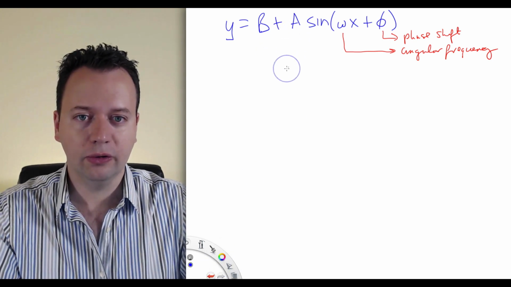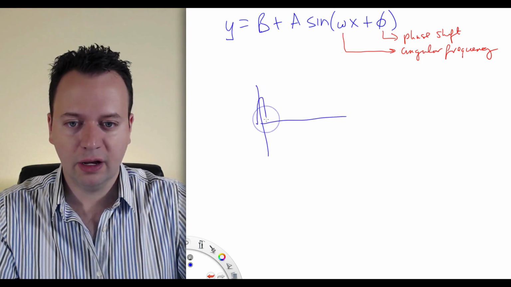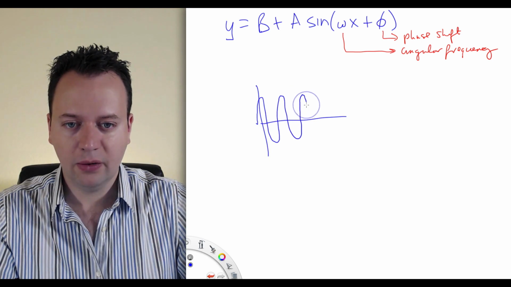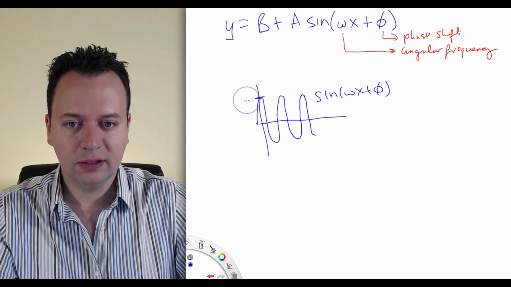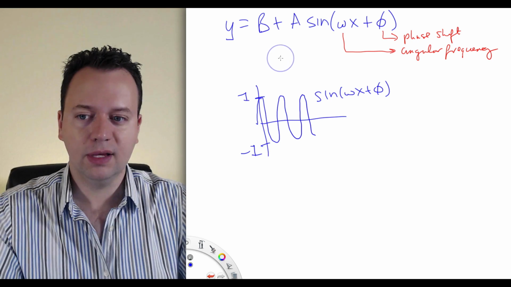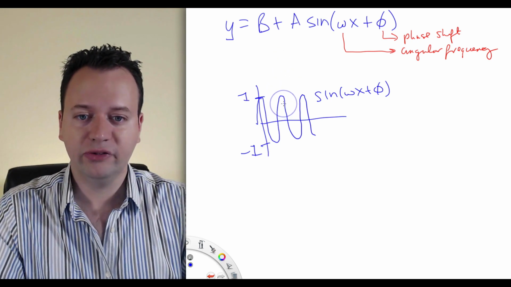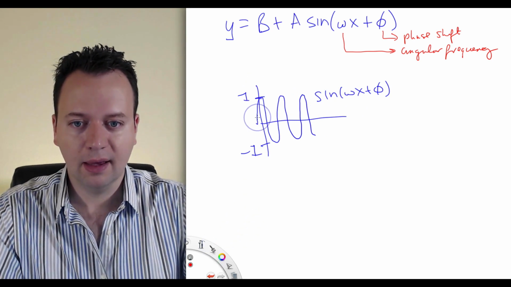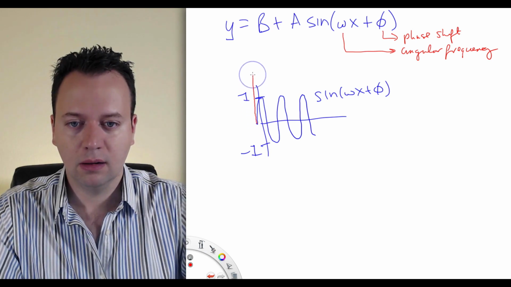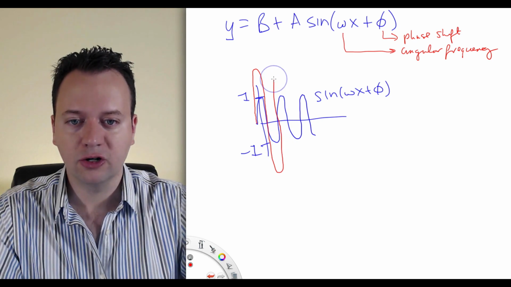Now let's look at these vertical transformations. First of all, we have our shifted and our scaled sine wave, sine of omega x plus phi, and it still goes between +1 and -1. What the a and the b do is they affect what's happening vertically. When you do a, you're multiplying the output by a factor of a. That's a vertical stretch, or a vertical compression if a is less than 1.